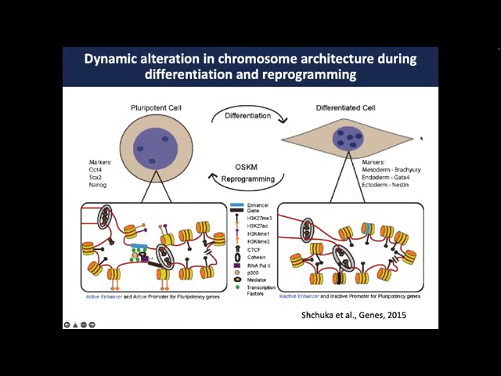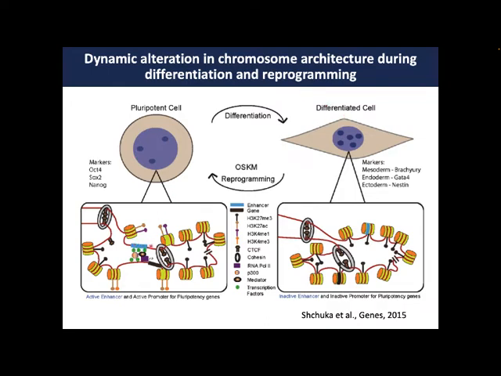So these types of chromatin architecture change dramatically during cell differentiation, especially from the pluripotent stem cell. Reprogramming also alters the structure of the chromosome very dramatically. Here is one example.